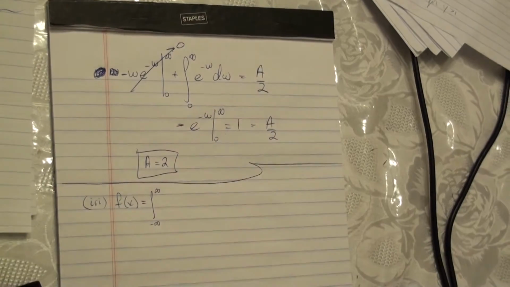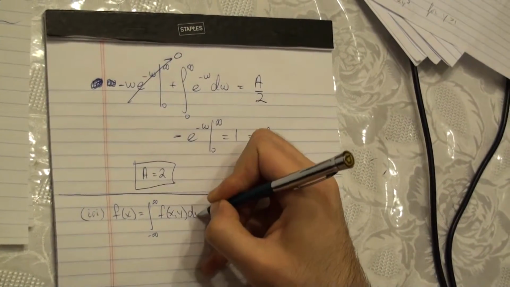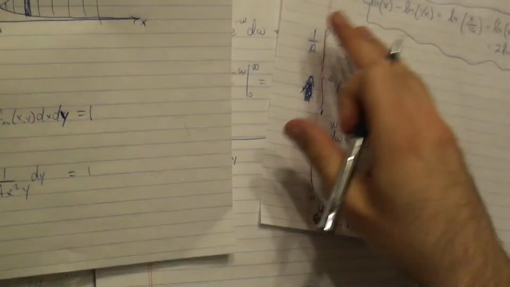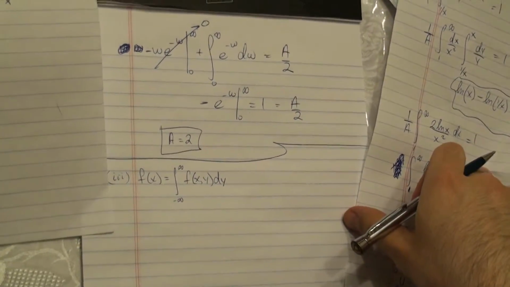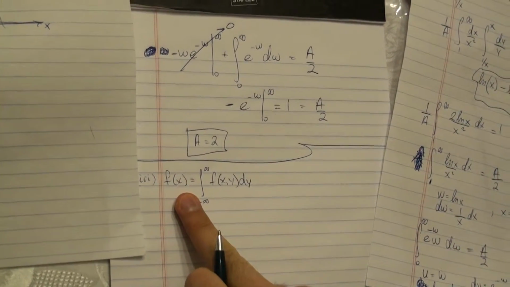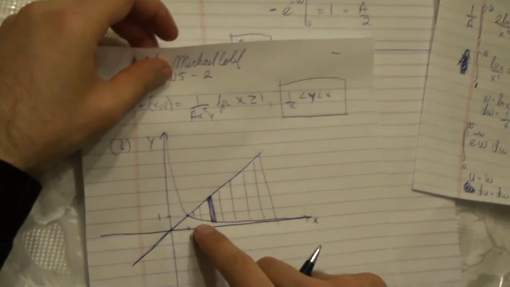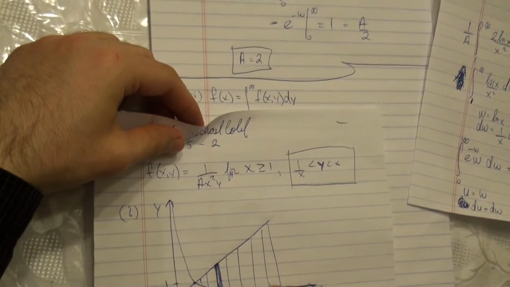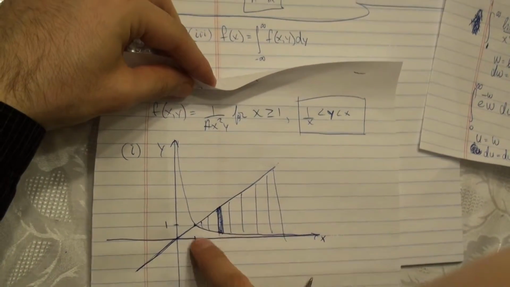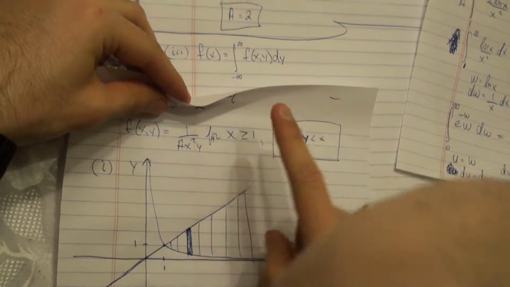We basically integrate out all the y. For every value of x, you want to integrate out the y. So for every point in x, you want to integrate the y out.